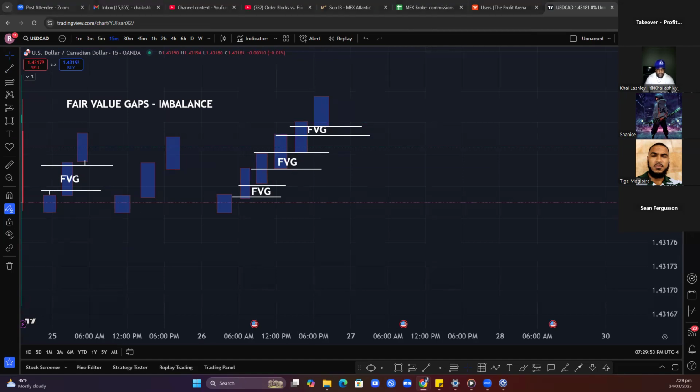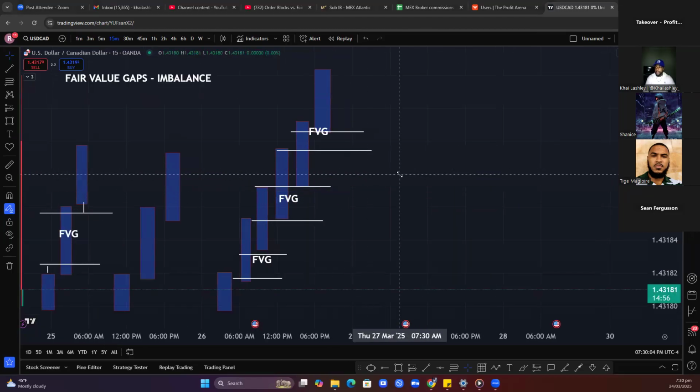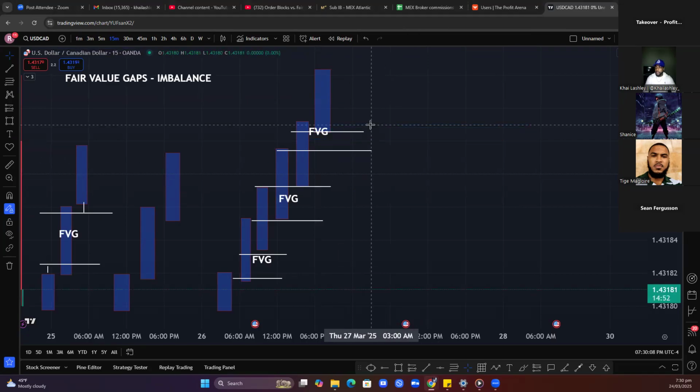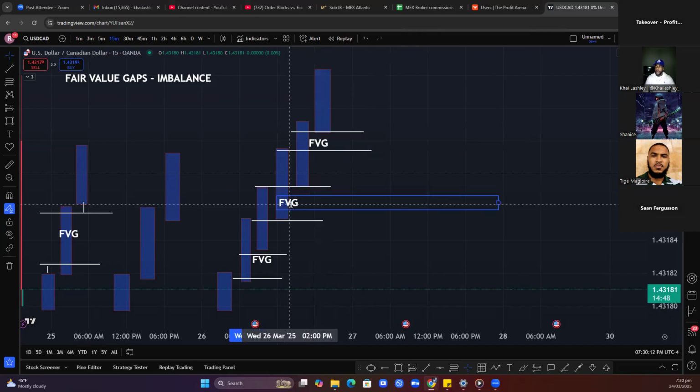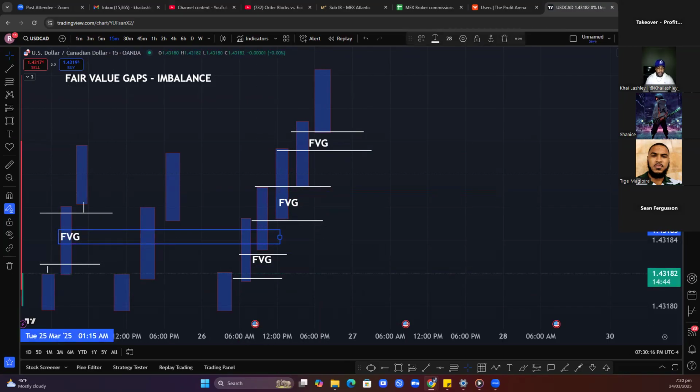One second, guys. Cool. So we've got that gap, this gap, this gap, and then this big gap right here.